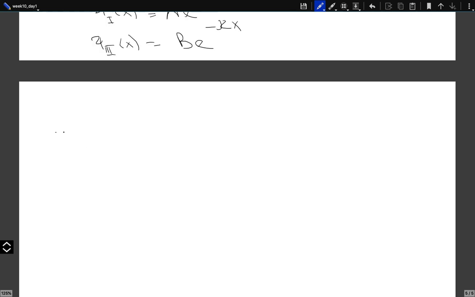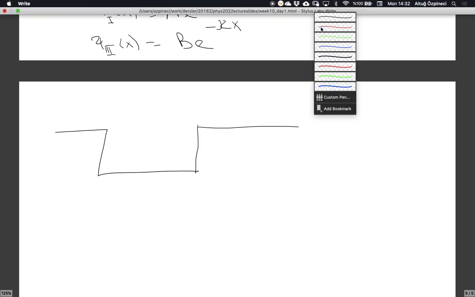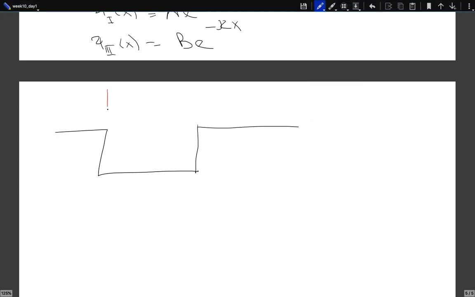So let's compare it with the infinite well case. If my potential were infinite, we had found that the ground state looked something like this. This was the ground state wave function for infinite walls. Now the potential is not infinite, so we know that outside my wave function need not be 0.